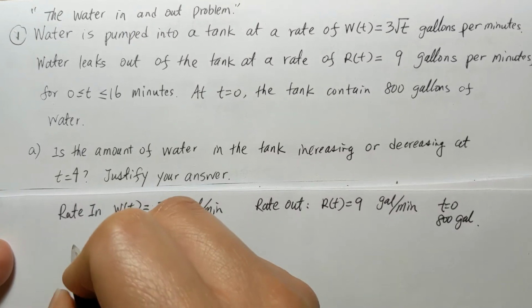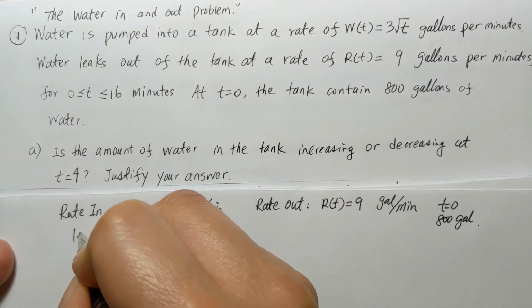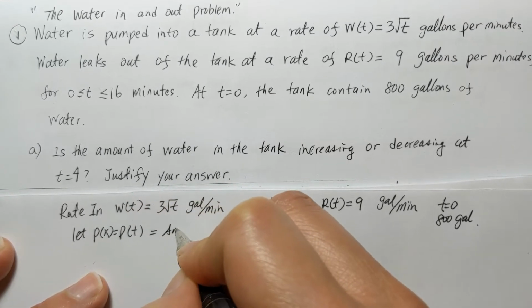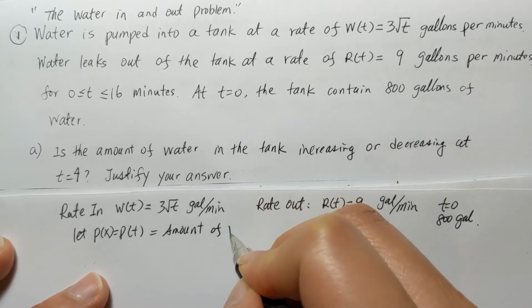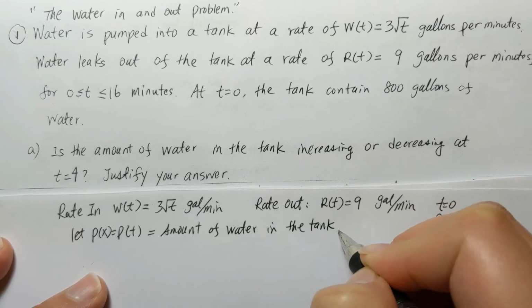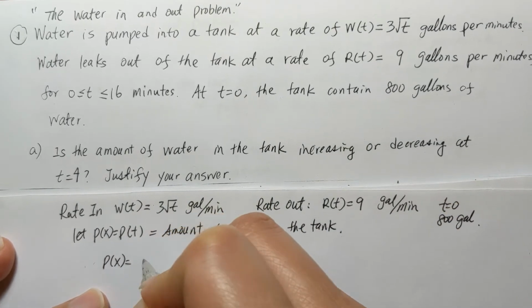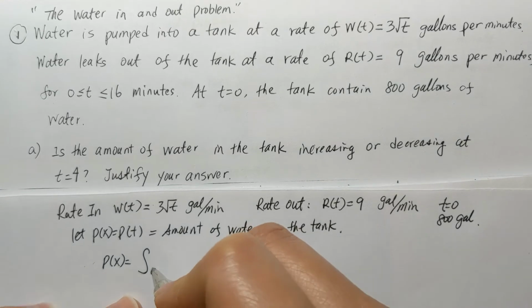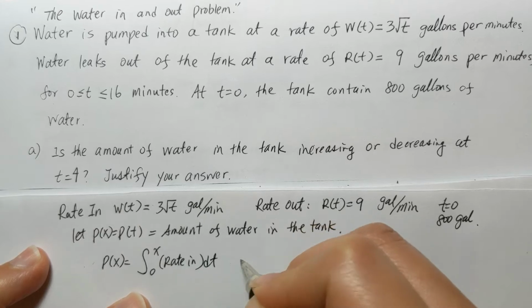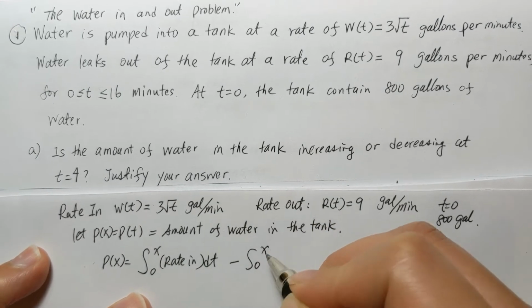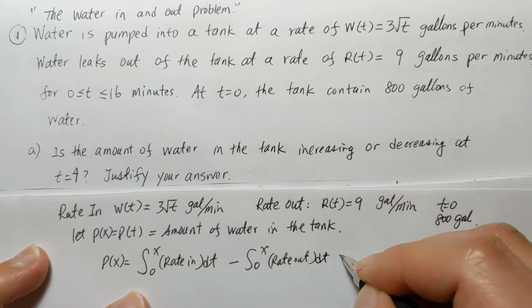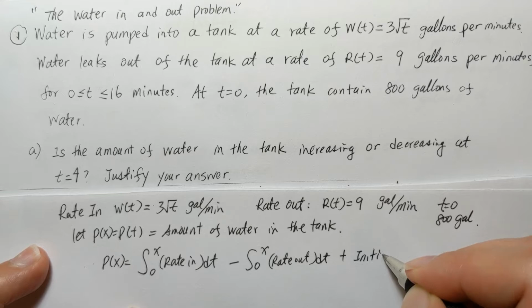To find the amount of water in the tank, we can let P of x, or P of t, equal the amount of water in the tank. Then P of x equal to the integral from 0 to x of the rate in dt, minus the integral from 0 to x of the rate out dt, plus the initial amount.